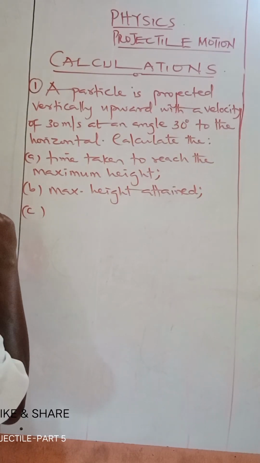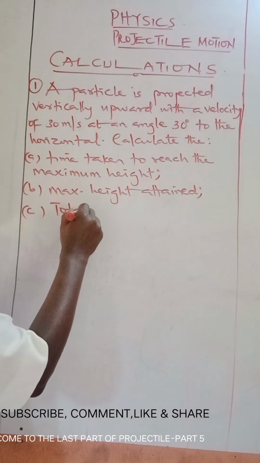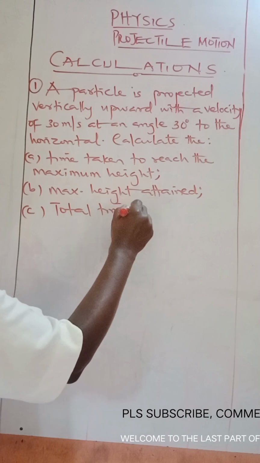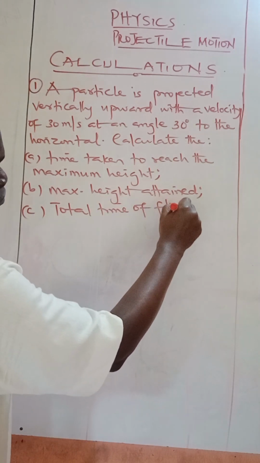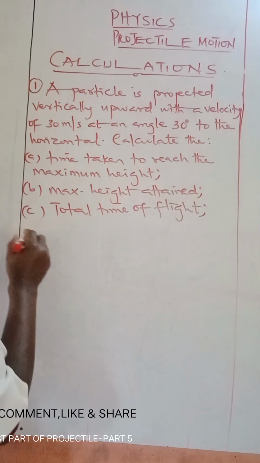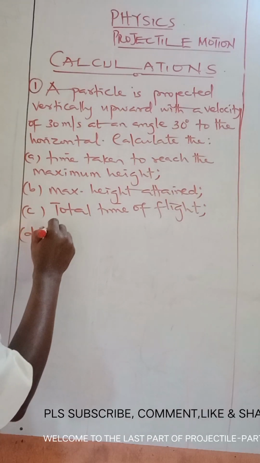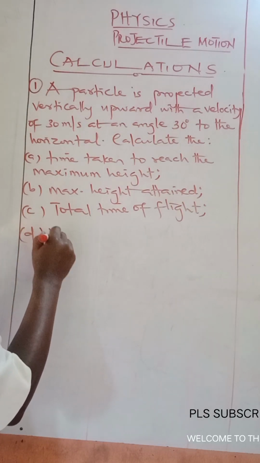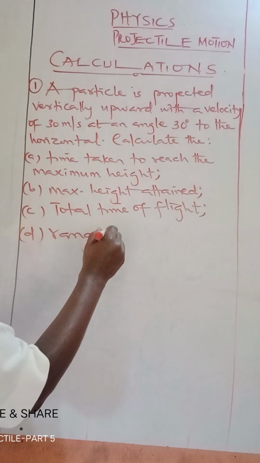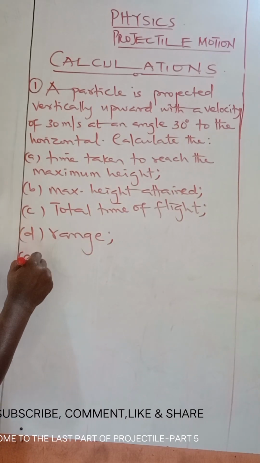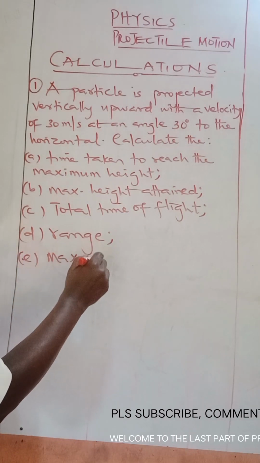C, the total time of flight. D, the range. E, the maximum range.